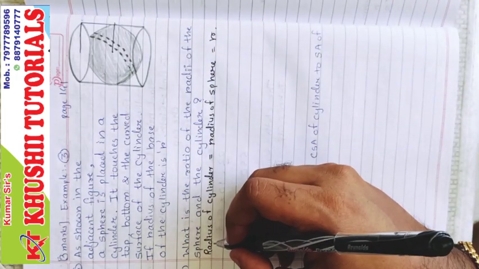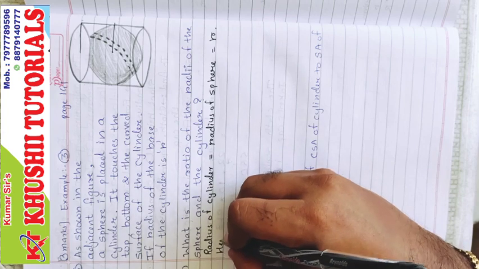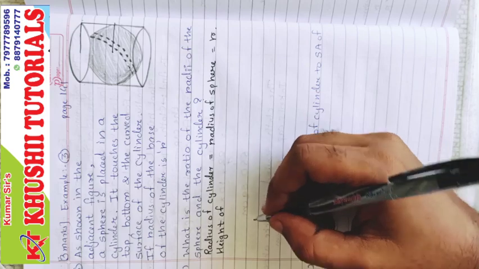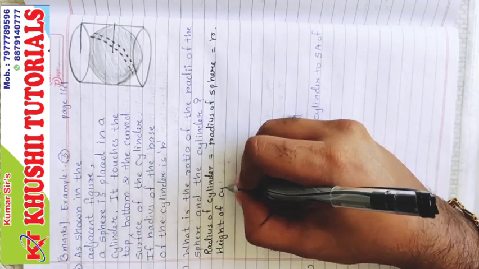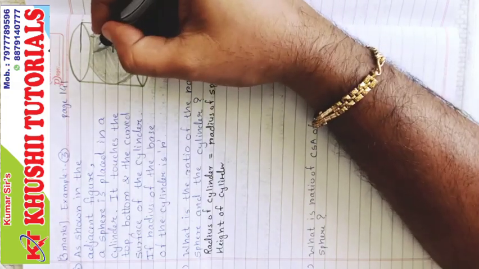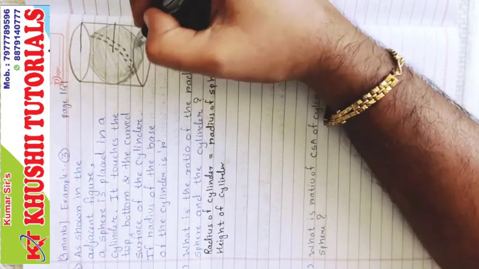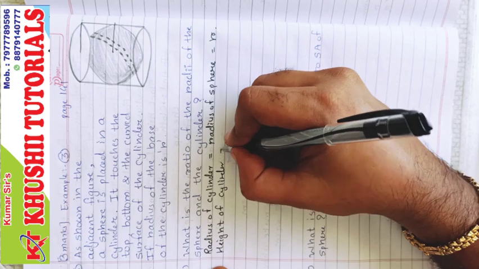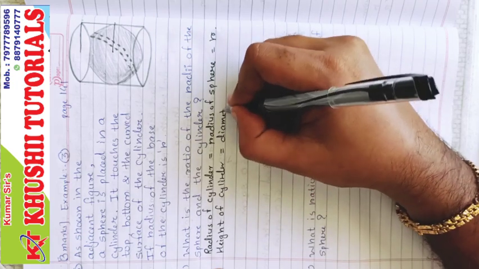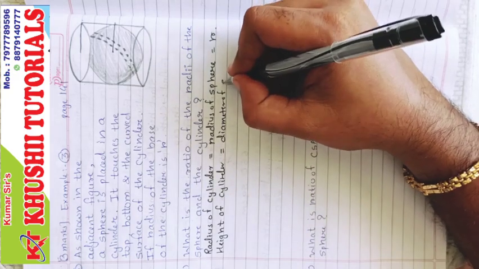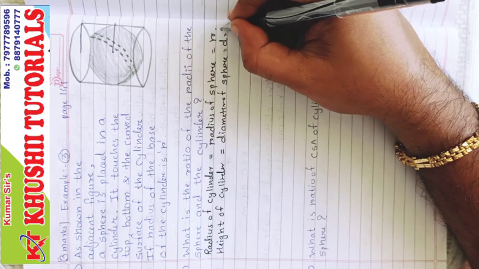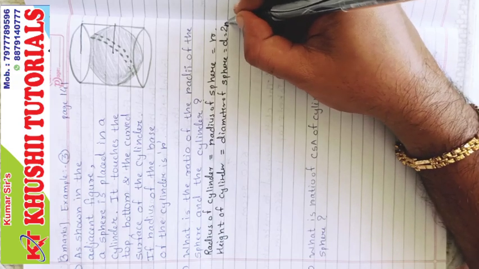Next is height. Height of cylinder. Now cylinder's height is the diameter of the sphere. Height of the cylinder equal to diameter of sphere equal to d equal to double of r, double of radius.